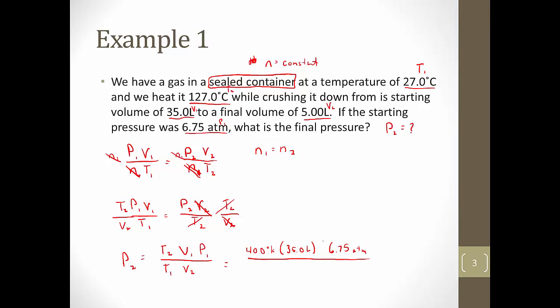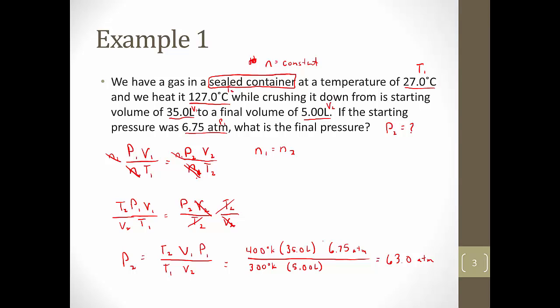And that is all divided by our good friend T1, which is 300 degrees Kelvin, and 5.00 liters is our good friend V2. Awesome. So in the end, we end up with a value of, let me do all that math, 63.0 atmospheres. And that's how we use this equation.